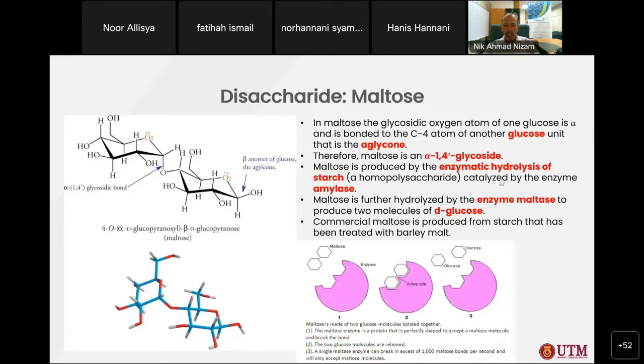Maltose is produced by the enzymatic hydrolysis of starch. Maltose comes from the starch, from the polysaccharide, catalyzed by the enzyme amylase.